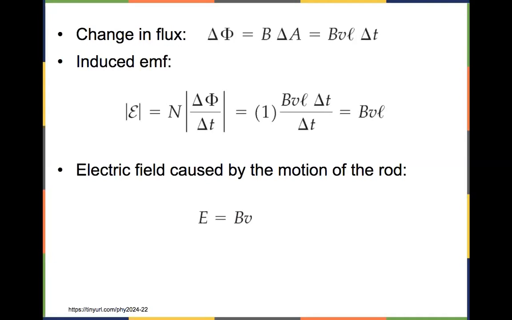If you divide this voltage by the total length, then you can figure out what's the electric field being produced in the rod. So BVL divided by L will give you the electric field, which is the bottom equation listed here. So E is equal to BV, because you divide BVL by L, so L goes away, and it's just B times V remaining. So this is the electric field caused by the motion in the rod.